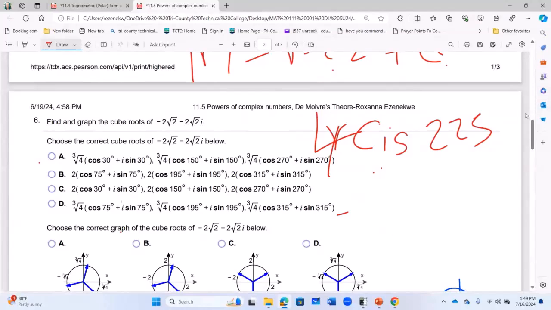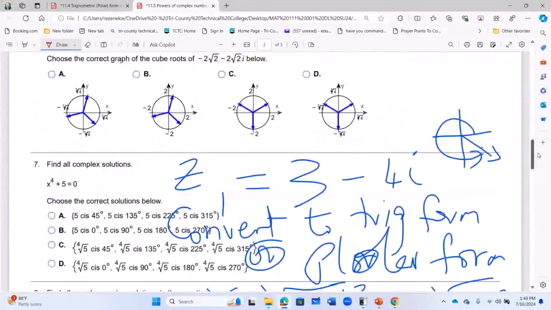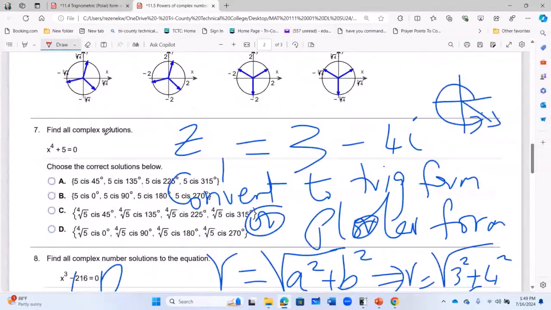We can go back to this one, find all complex solutions of this. So we can go back and write x to the power 4 is equal to -5, and find all the roots. Or maybe we can bring this one back next class.